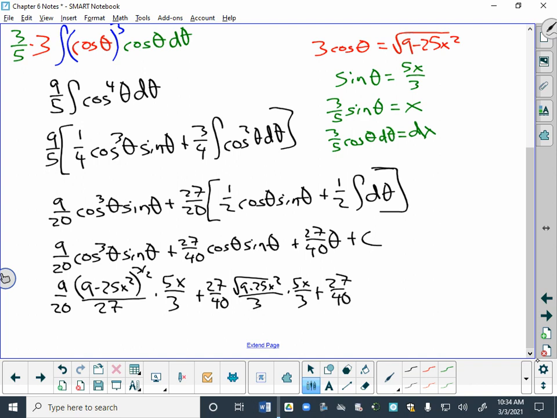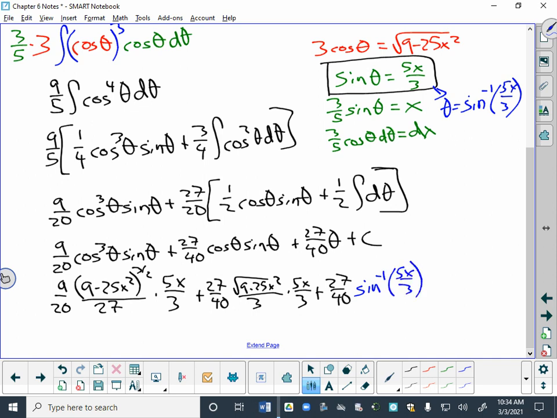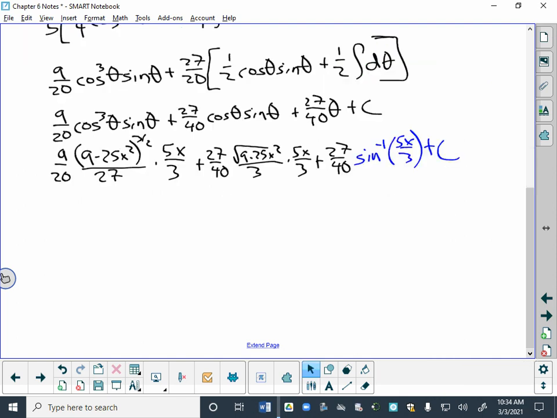Now the easiest place for me to grab that theta is probably from this expression right here. So I'm going to say, because of what I see there, my theta is going to be inverse sine of 5x over 3. So I'll put that inverse sine of 5x over 3 in here, plus the constant.